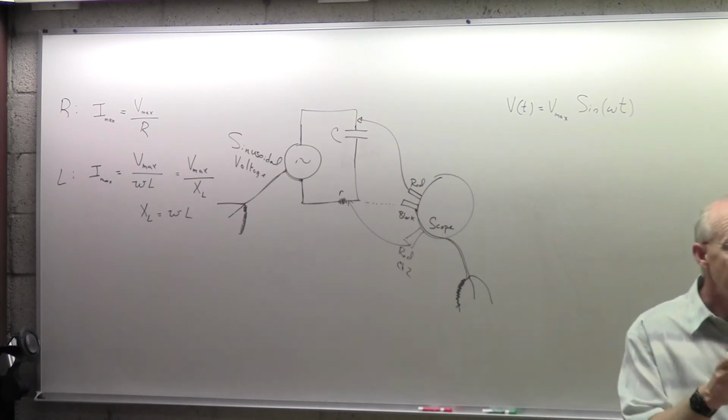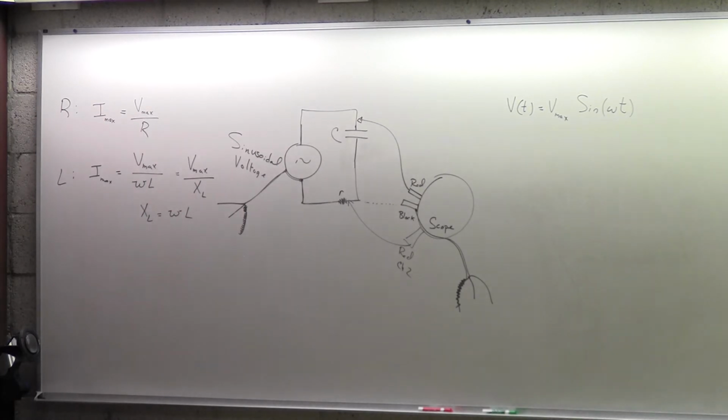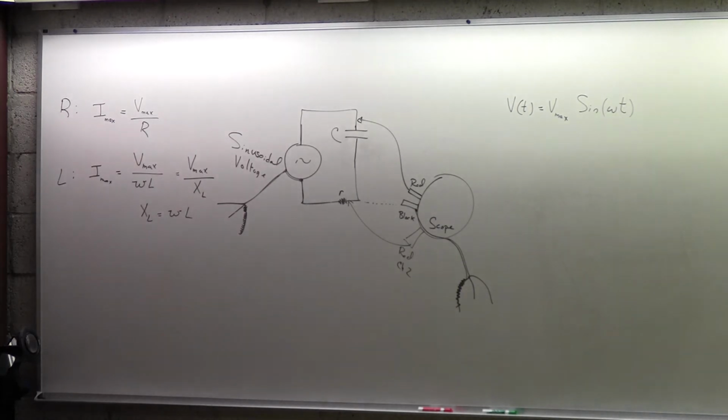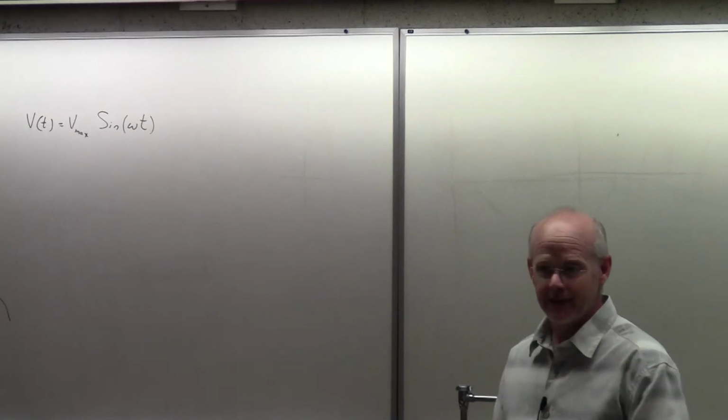And interestingly enough, it's kind of the opposite effect. Is there going to be an opposition to the current flowing? Well, there is, but not until the capacitor builds up a charge. So if you have low frequencies, what's going to happen there? Low frequencies give a chance for the capacitor to fill up, and if the capacitor fills up, it has an electric field and stops the current from coming. So for low frequencies, I would expect very little current.